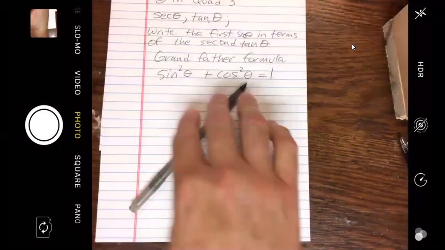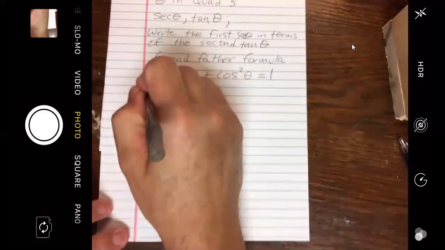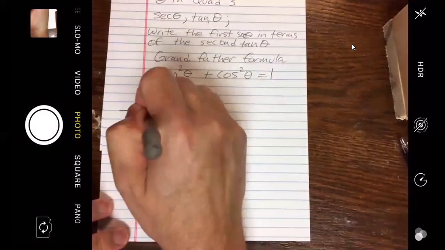I call that the grandfather formula, the grand poobah of trigonometric formulas. If you want to know where it comes from, let's see if I can justify it.